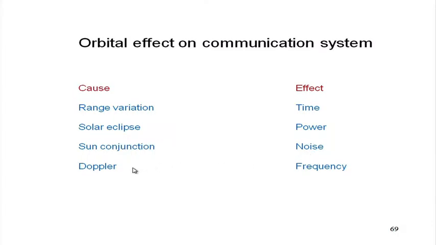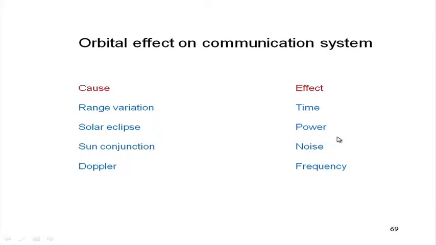Then of course the Doppler effect: for a geostationary satellite, the Doppler effect is much less, though we have seen that within the station keeping box, the satellite moves here and there. For very high bit rate communication, where the bit duration is less than a microsecond, let us say 100 megabits per second or 120, 150 megabits per second, the bit duration is very small. So therefore that drift of the satellite has some effect on synchronization.